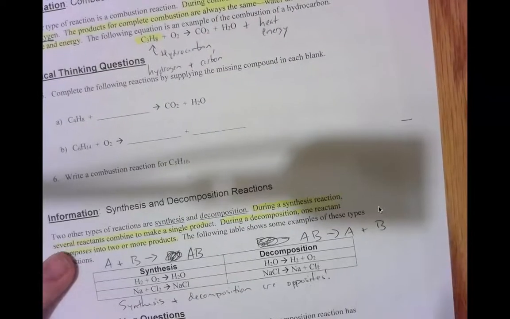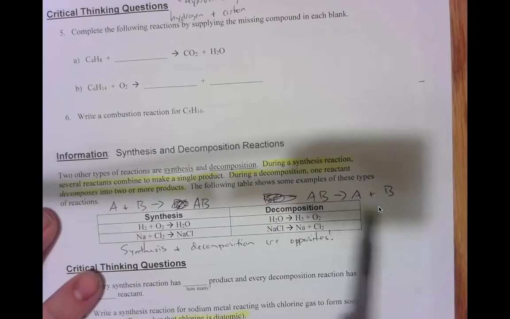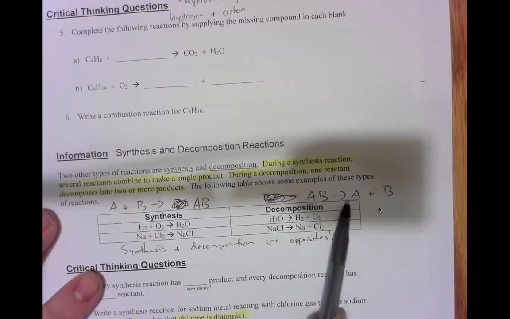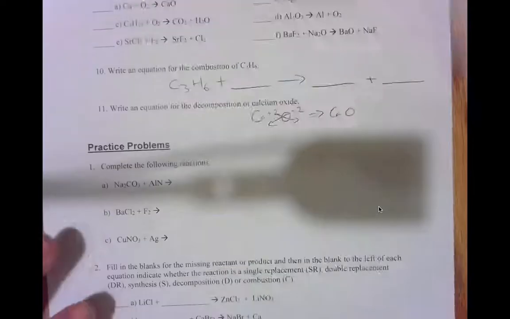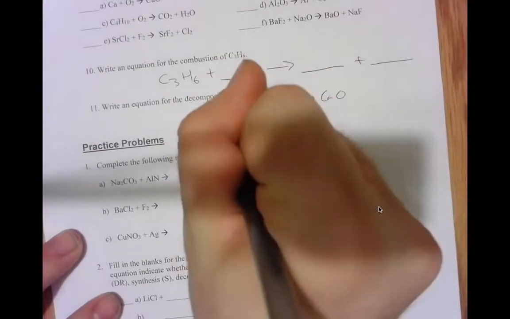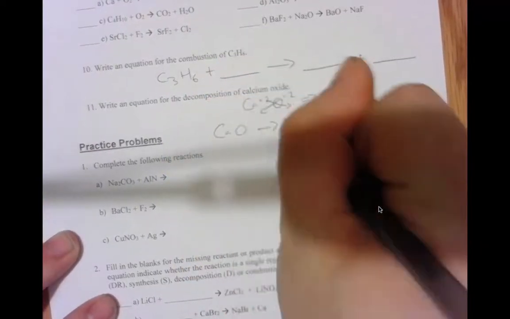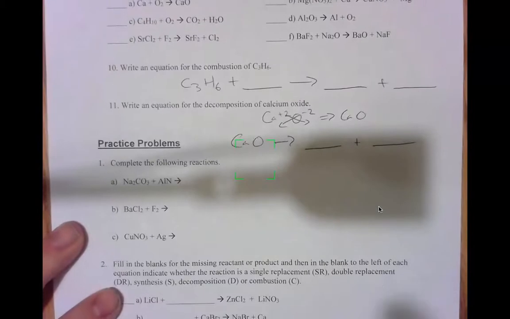A decomposition reaction is when one reactant forms 2 products. So that's what we're going to see happen here. CaO is going to break up into 2 products. Which 2 is it going to break up into? Remember to check, are any of them diatomic?